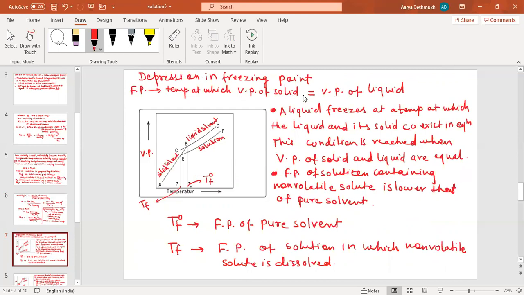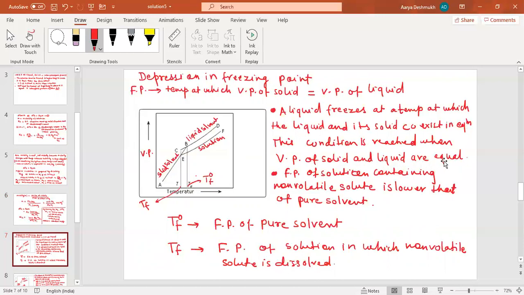So when these two vapor pressures become equal at that particular temperature, the given solution or the solvent will freeze. Now a liquid freezes at a temperature at which the liquid and its solid coexist in equilibrium. This condition is reached when vapor pressure of solid and liquid are equal.